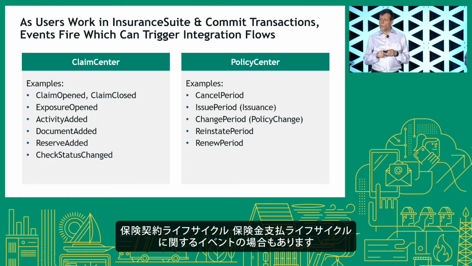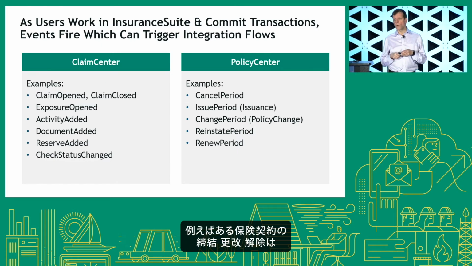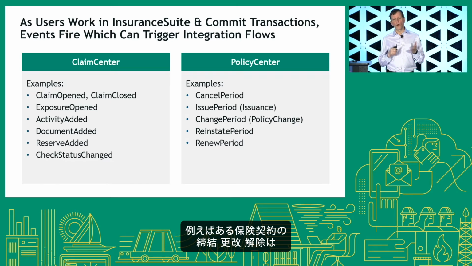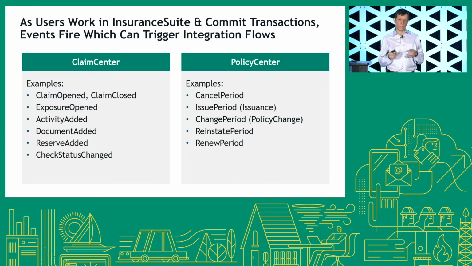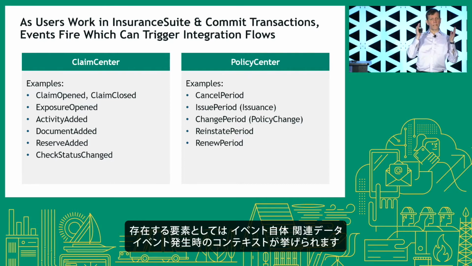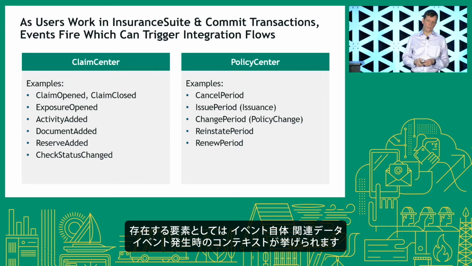Or they could be policy lifecycle events or claim lifecycle events, for example when a policy is bound or renewed or canceled. These are all examples of events. There is the event itself, and then there is the related data, the context for what was going on at the time of the event.